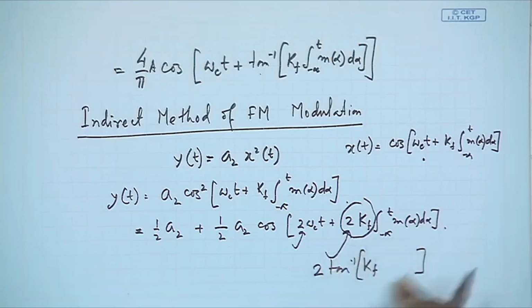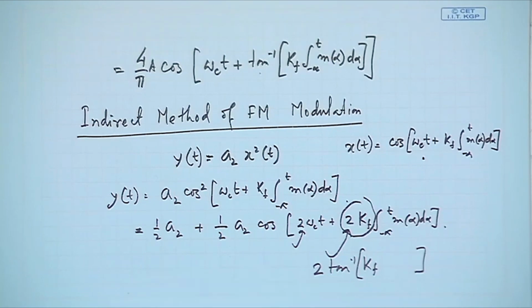So, you can still approximate that to be kf into the integration from minus infinity to t of m alpha d alpha. This part remains intact; you are just supplying multiplicative terms to kf. So, you are slowly increasing that kf portion without hampering what has been appreciated in narrowband FM. So, this was his method.